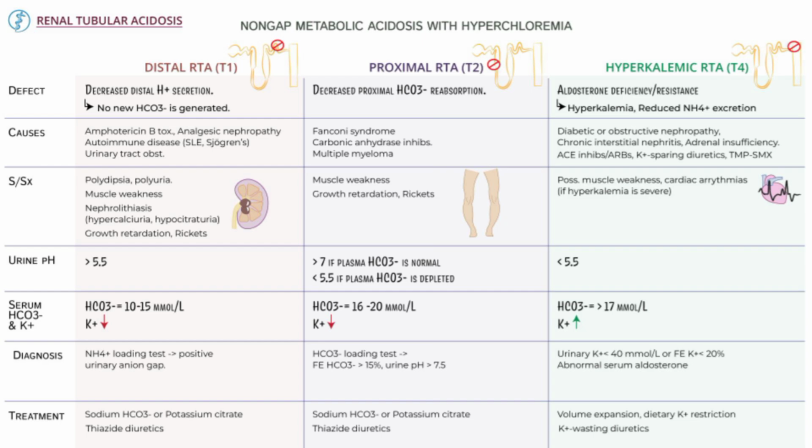And treatment is also listed here. With distal type 1, you will give sodium bicarbonate or potassium citrate and thiazide diuretics. For type 2, sodium bicarbonate or potassium citrate and thiazide diuretics. And for hyperkalemic type 4, you will use volume expansion, give dietary potassium restriction, and use potassium wasting diuretics.